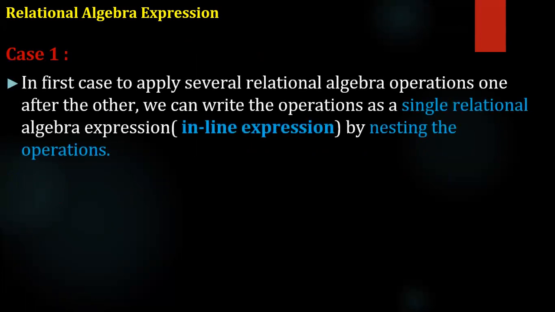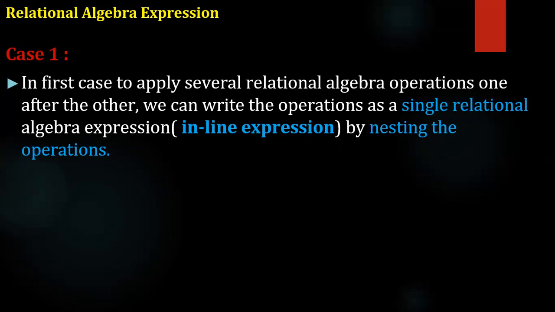First, assume that you want to write several relational algebra operations. That set of operations can be represented as a single inline expression with the help of nesting the operations. Once it starts execution, it will execute the operations one by one, one inside another.